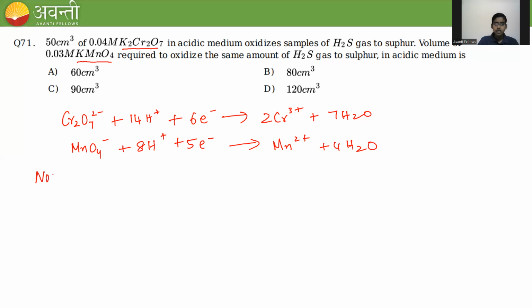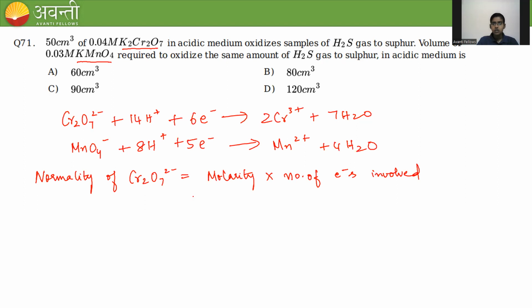So the normality of Cr2O7 2-, it will be equal to the molarity times the number of electrons involved, which is nothing but the n-factor. The concentration of this K2Cr2O7 is 0.04 molar, and the number of electrons involved in that reaction is 6.